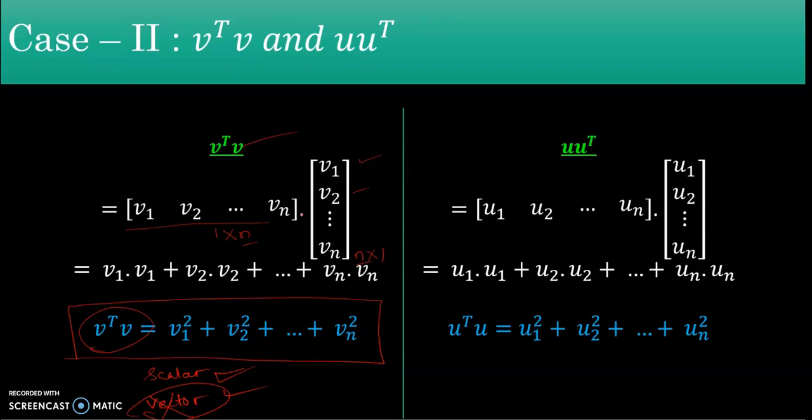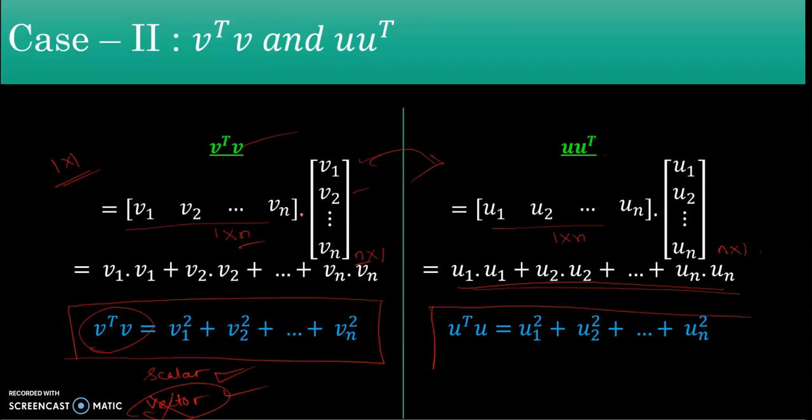Upon multiplication you have clearly seen this matches with this, so our output will be a 1 cross 1 dimension result. Similar happens for this case also. For u transpose u, we have taken 1 cross n, and here it is n cross 1. It is a summation of all the n components, so u transpose u has this result. This is also a scalar.